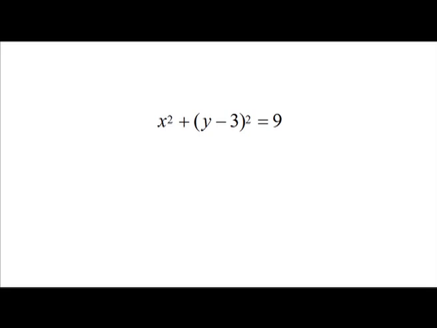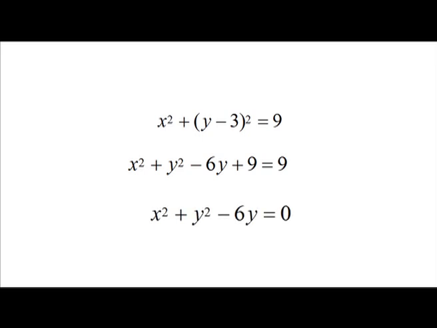As a first example, we find a polar equation for the circle x square plus (y minus 3) whole square is equal to 9. Expanding (y minus 3) whole square, the given equation becomes x square plus y square minus 6y plus 9 is equal to 9, which implies x square plus y square minus 6y is equal to 0.